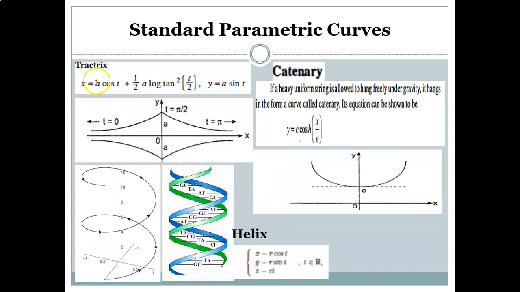Another important curve is the tractrix. The equation of the tractrix in parametric form is given like this, and the geometry of the tractrix is this type. Then the catenary.